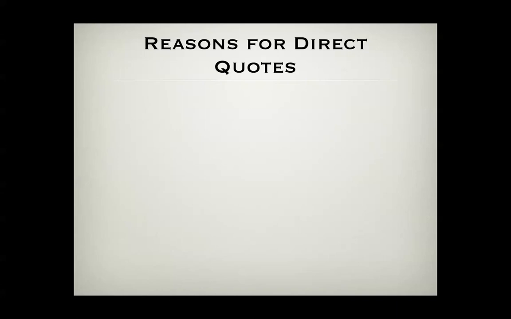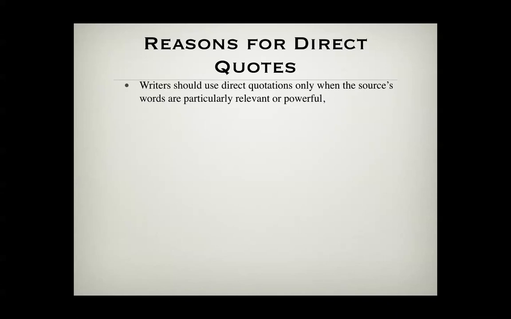So let's look at reasons for direct quotes. First of all, you want to use direct quotes only when the source's words are particularly relevant or powerful. In other words, if it's something that you can paraphrase, then go ahead and do that. Of course, you would still cite it, but if they say it in such a way that it's just really relevant and powerful, then by all means quote it.